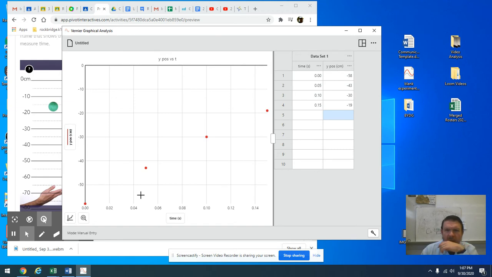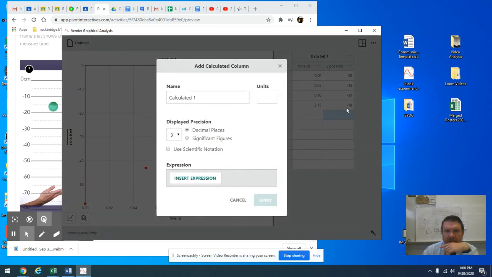Now, I also want to have a new data set. Actually, you know what? I don't really need a new data set. I just need a new column. So let me go to here and add a manual. Actually, first I'm going to add a calculated column. You know why?